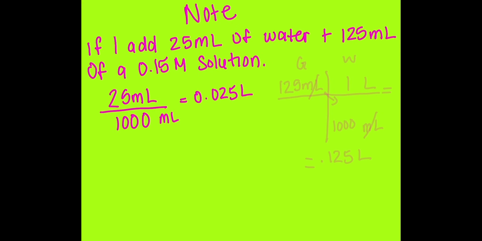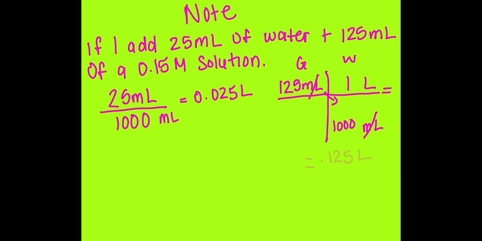Now, if you are in my class and you actually take my chemistry class, you know that we do it by setting up our railroad tracks, listing our given and our want. So I would do it for the 125 milliliters. If we were given 125 milliliters, and then we want to find liters, we know that we have to duplicate milliliters right here so that milliliters can cancel out. And I know that 1 liter is in 1,000 milliliters.